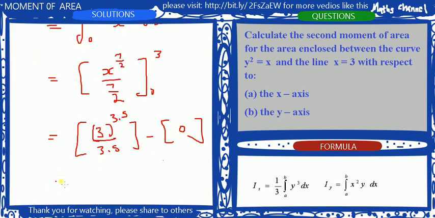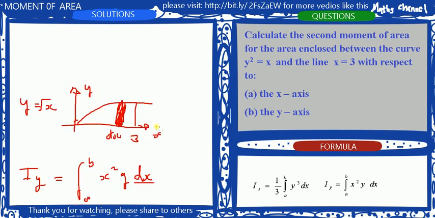So our final answer is 13.61 units. So we have something like this as our moment of area. This is how you calculate the moment of area.